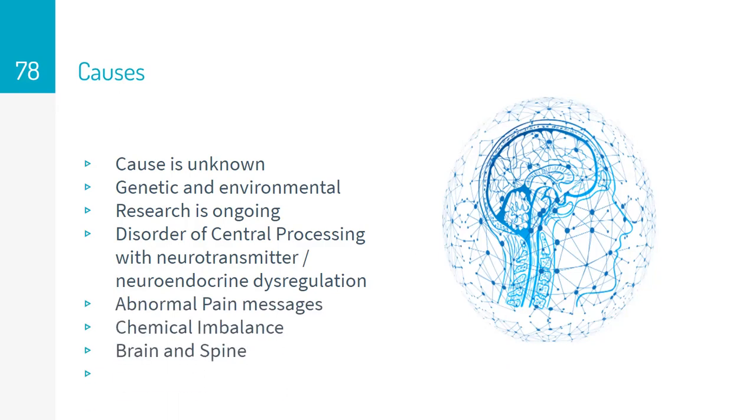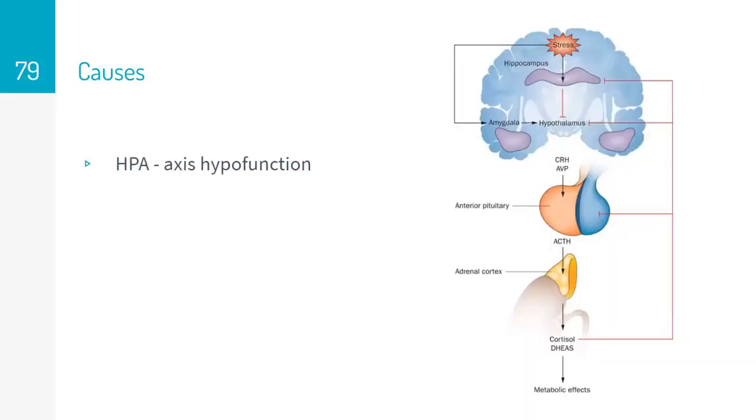Some of the causes that have been identified, amongst others, are HPA axis hyperfunction. The HPA axis is basically related to the hypothalamus, the pituitary gland, and the adrenal cortex. These are glands in your body and parts of your brain that control how you react to stress and how your stress hormones are released.